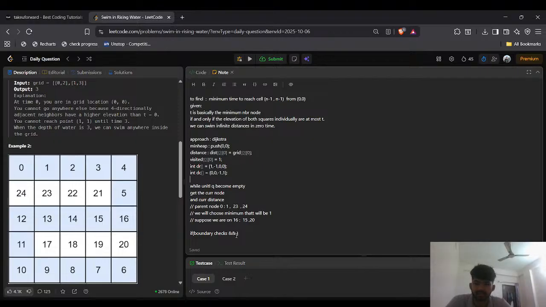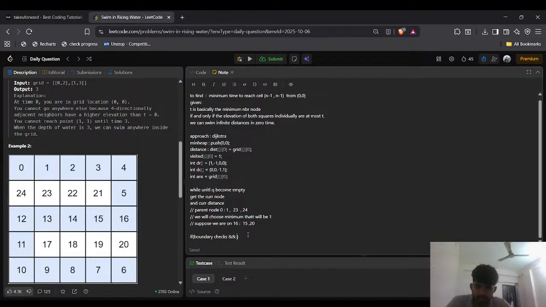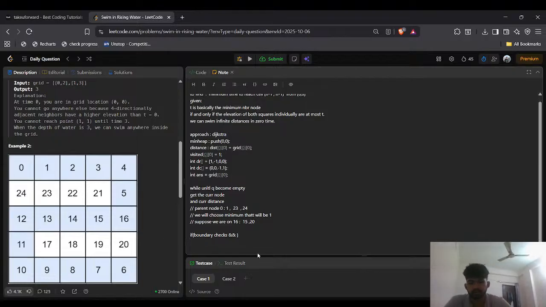I think we can store the answer from here only. First our answer will be 0, 0. If we perform a boundary check and get a neighbor or new distance, we can write in this if.